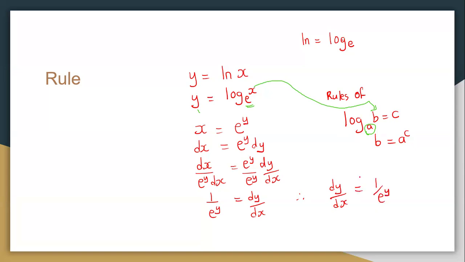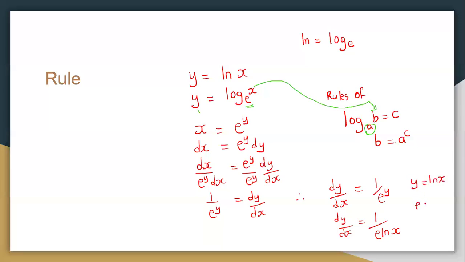But y, we know very well, is the same as the natural log of x. So meaning that we can have dy dx is equal to 1 out of e natural log of x, because we know that y is equal to ln x.